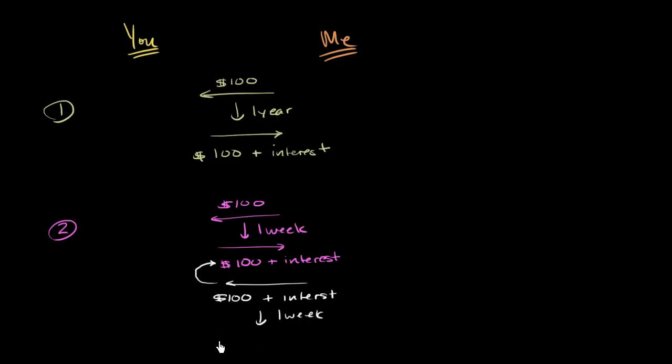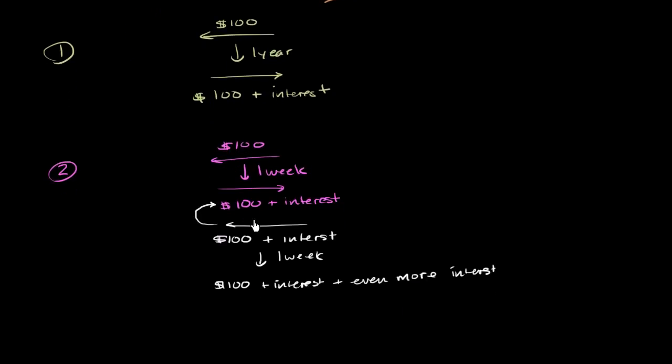So now you're going to have $100 plus some interest, plus even more interest. I'm obviously not being particularly exact, but you could see you now have interest on the interest, even more interest. And in the second plan that I give you, we essentially just continue this process. After every week, if you don't have the money, I'm just going to give you another loan, and I'm going to continue to do this for a year.